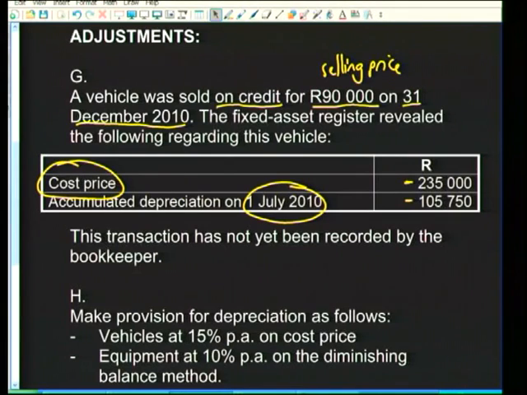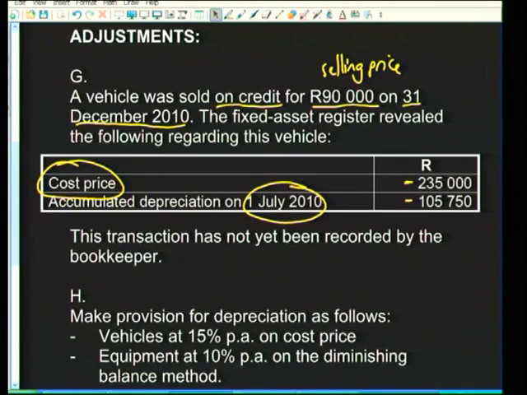Our second step is to record the accumulated depreciation on the credit side. But here you have to be a bit careful. We need to, on that credit side, record the accumulated depreciation up to and including the date of the sale. If you look at the question, we only have depreciation up to the 1st of July.